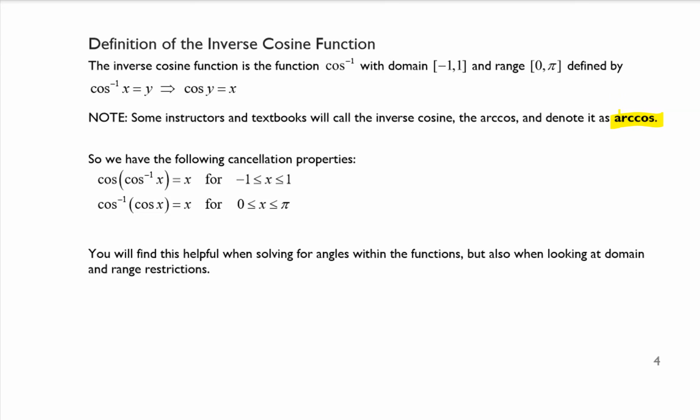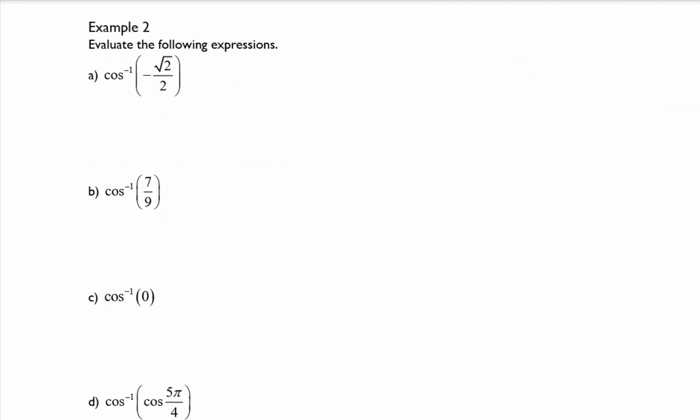Cosine of cosine inverse of x is equal to x if x is between -1 and +1, and then cosine inverse of cosine of x is equal to x for x values between 0 and pi. You will find this helpful when solving for angles within the functions, but also when looking at domain and range restrictions. Let's go ahead and jump into examples of evaluating some expressions.